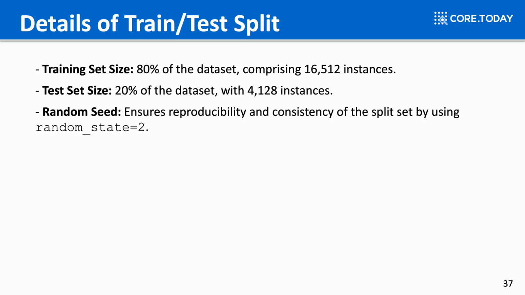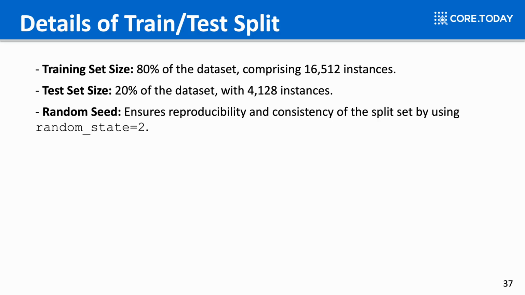When performing machine learning tasks, splitting your dataset into training and testing sets is essential to evaluate model generalization. Here, we've assigned 80% of the available data to the training set for training the models, while 20% serves as the test set to evaluate performance on unseen data.